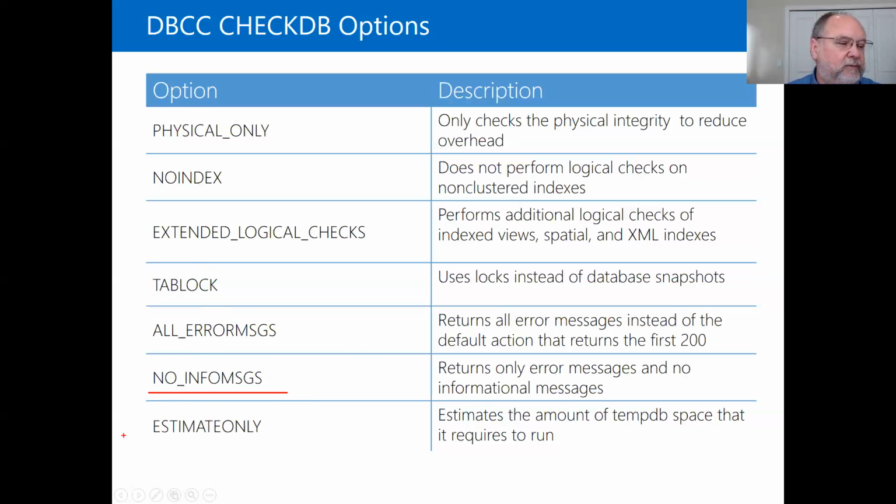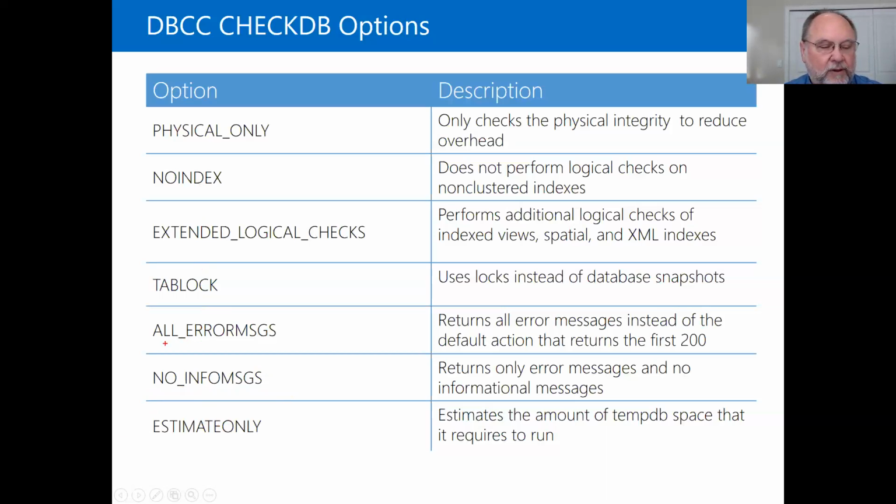If you run it with no info messages and there are no errors, it just says command completed successfully. If there were errors, it lists just those errors, but it doesn't show you everything that's okay. Now, it doesn't run any faster. It's just a matter of how much information you want to get back.